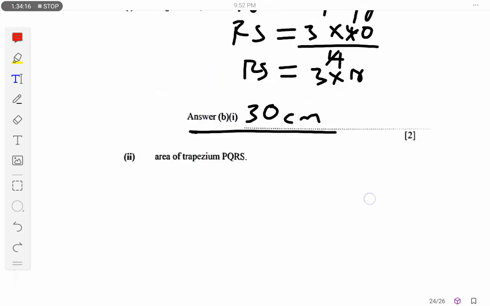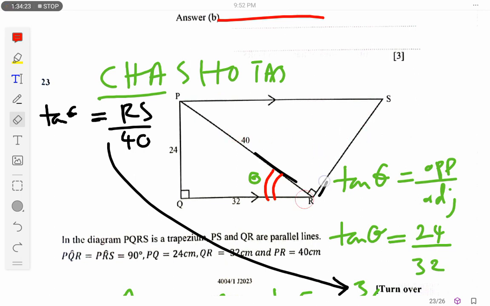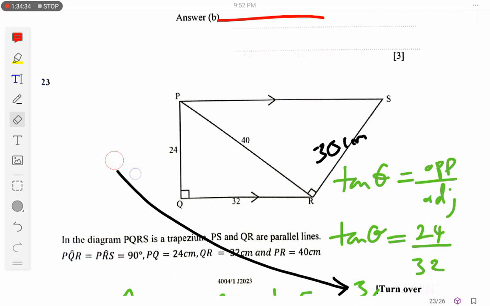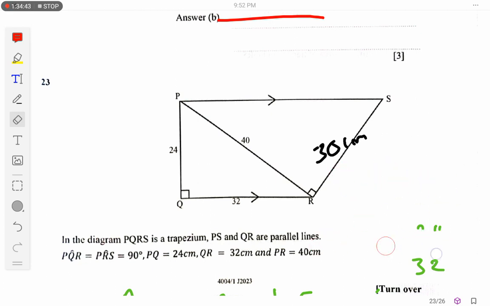Let's go to the area of this trapezium. Let me just rub off this part so that we can see what we are dealing with. And here we said it's 30 centimeters. I'm going to use the area of triangles, which is easier for me. I don't want to use the trapezium, but it's there. We would have to find this opposite side, so I don't want to use it.